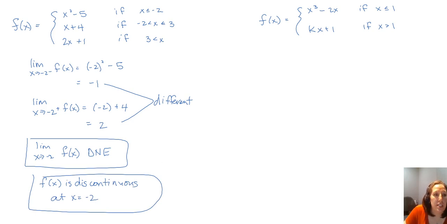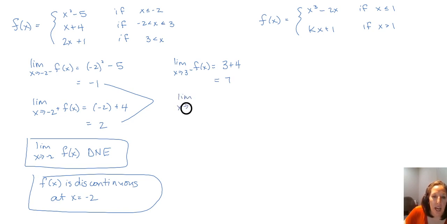All right, let's do the same thing for our other jump point at x equal 3. If we look at the limit as x approaches 3 from the left for our function, well, if we're to the left of 3, that means we're always less than 3. That's going to put us in this middle category. And so we get 3 plus 4, which simplifies to 7.